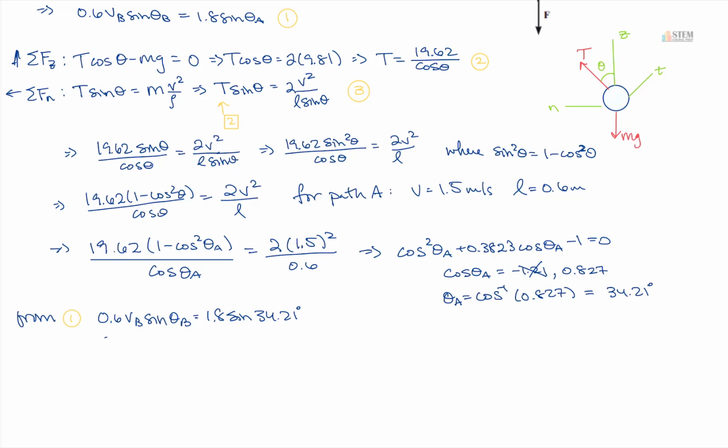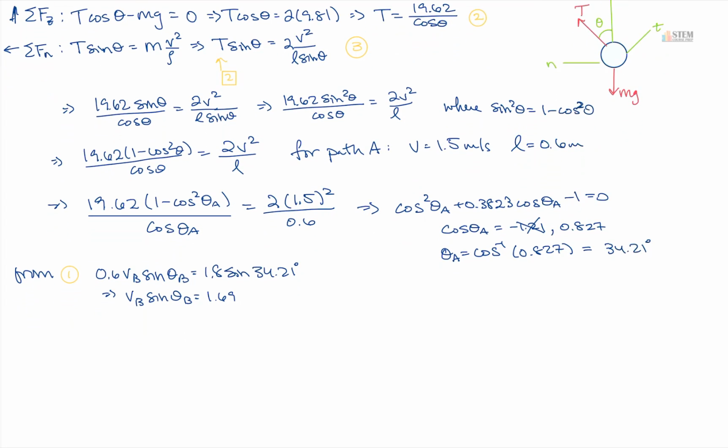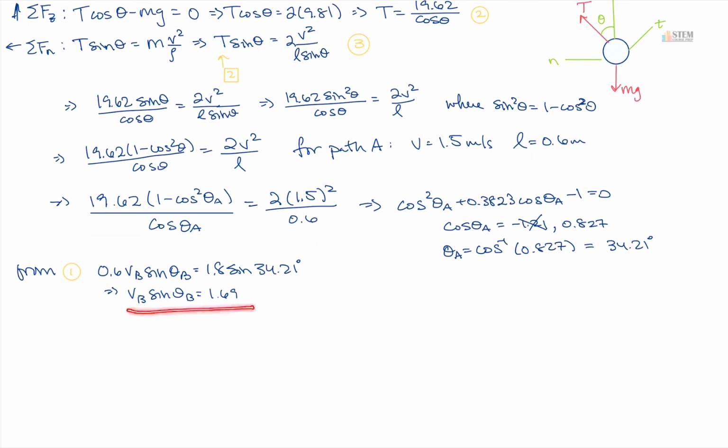Well, that gives us that VB sine theta B is 1.69. That's after we calculate the right-hand side and divide by 0.6. This is the relationship we get. So I've still got two unknowns in this equation, right? Now we're stuck with this. But I've got this other equation here, which also has velocity and an angle.